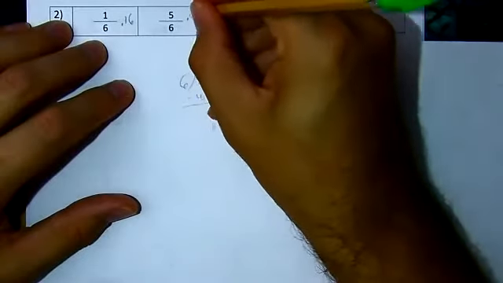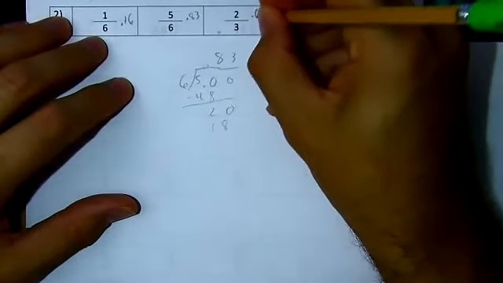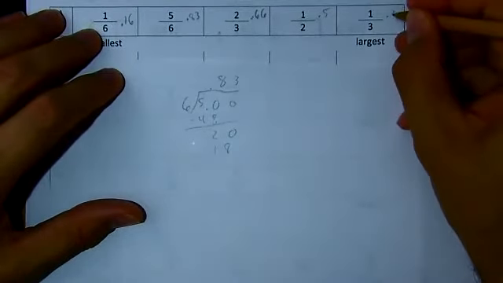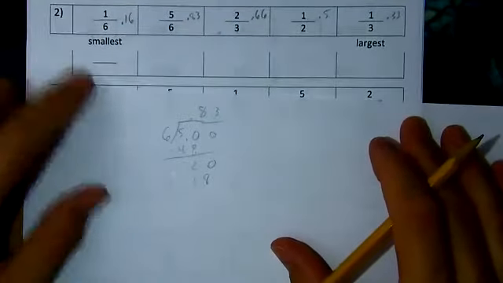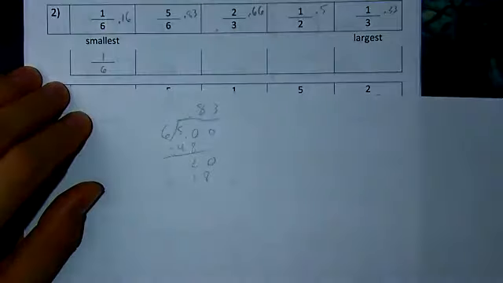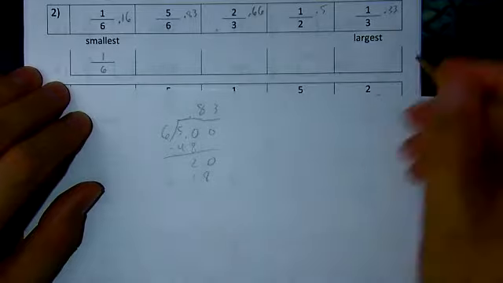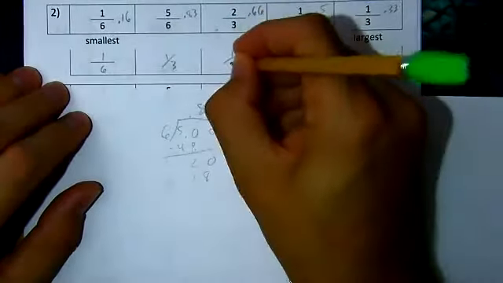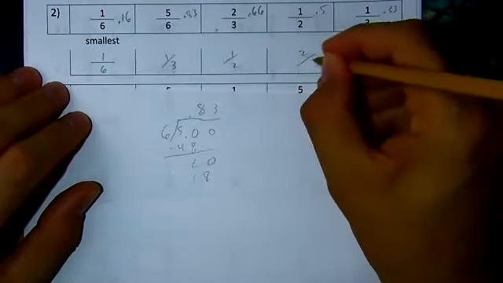Okay, so 0.83, 0.66, we just did that, 0.5, 0.33. So your smallest number is 1/6. And then 1/3, 1/2, 2/3, 5/6.